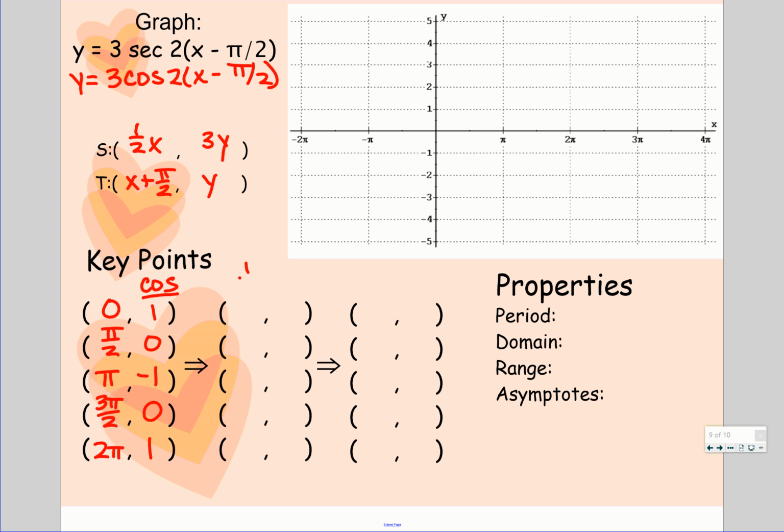Okay. Scale changes first. We're going to do 1/2 times my x's, 3 times my y's. So my x's will become 0, pi over 4, pi over 2, 3 pi over 4, and pi. 3 times my y's will become 3, 0, -3, 0, 3.